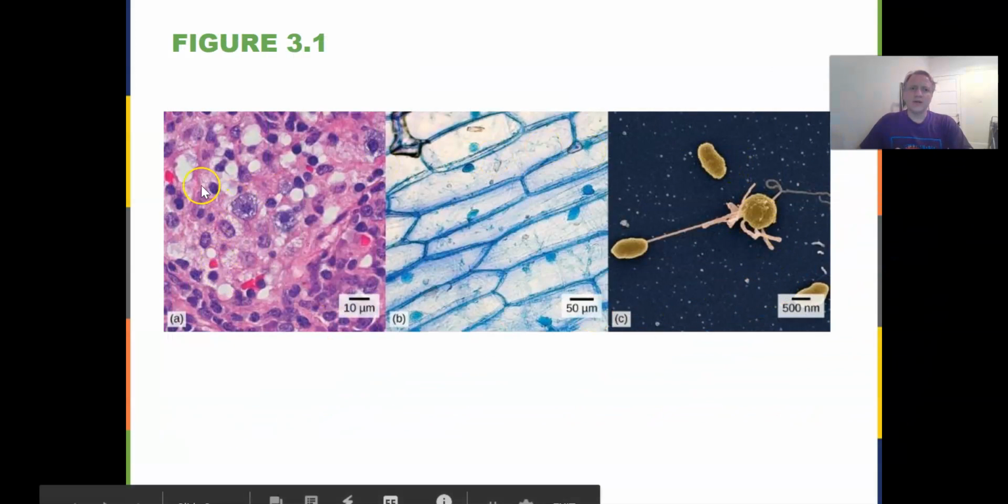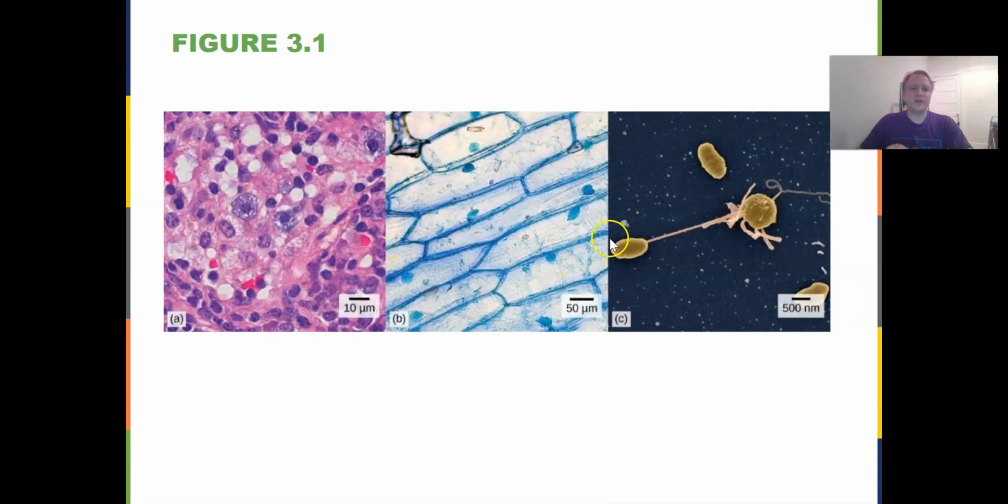So here are three different images of cells, and the first thing I want you to notice, apart from the huge differences in color, is the differences in size. These are nasal cells over here, and they look somewhat similar to the cheek cells that you guys looked at last week.